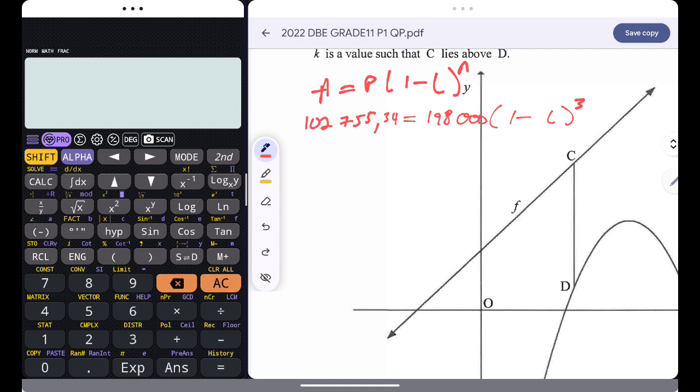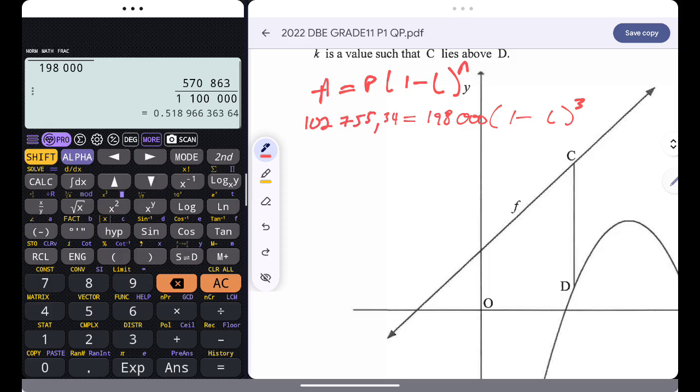How can I do that? I must just say 102,755.34 divided by 198,000. Okay, and then I must find the cube root.